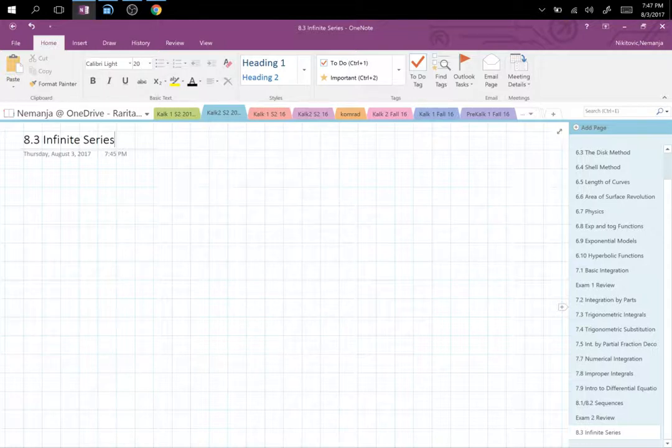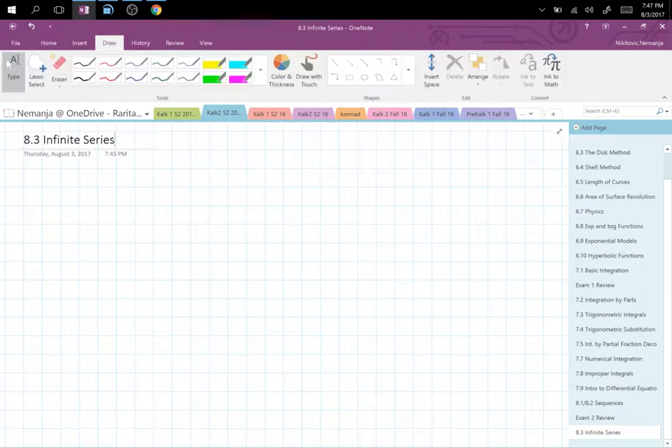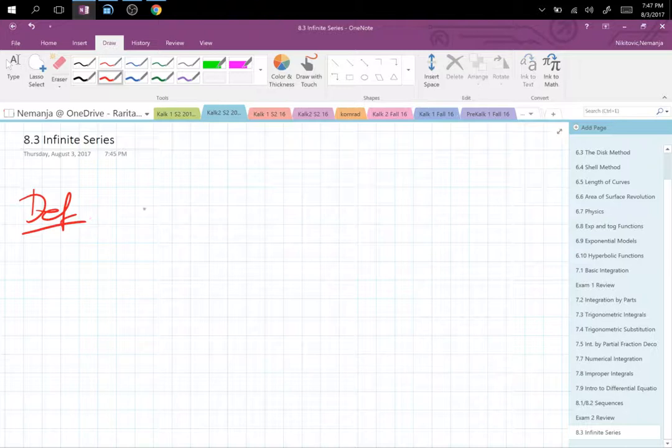So we studied that kind of concept as infinite series, where we take the sequence and we add all of the terms, and then we study the properties of that sum. So we start with the definition. A series is a sum of a sequence.